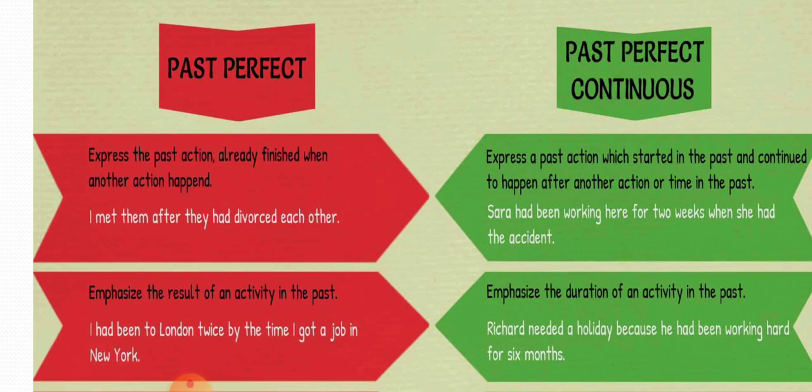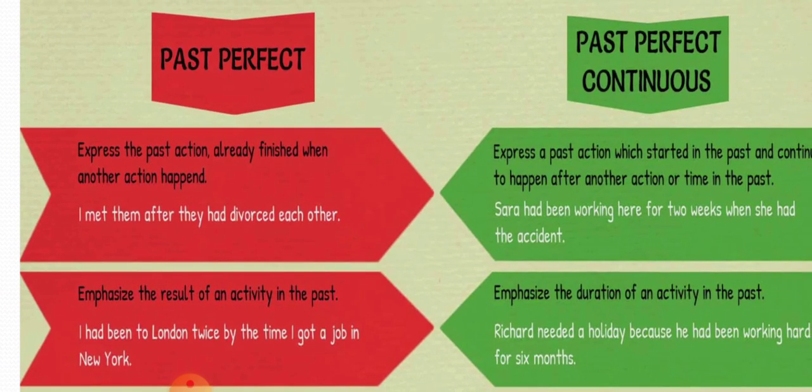The earlier past will be past perfect. So, I met them after they had divorced each other. This meeting work and a divorce, isn't it? Two actions, but which one happened earlier? Divorce. So that's why I met them, this is simple past, after they had divorced each other.